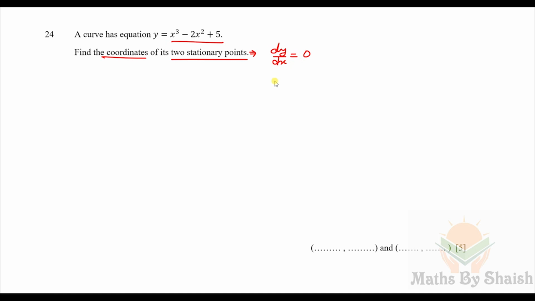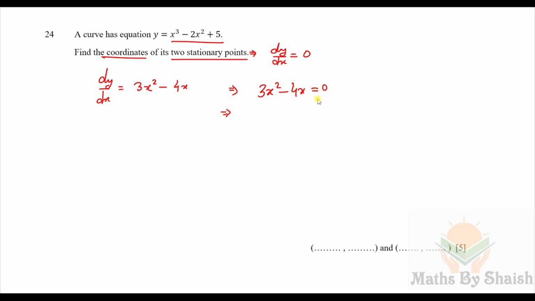So first of all, dy over dx is going to be 3x square minus 4x plus 0, because 5 is a constant and its differentiation is 0. And at a stationary point dy over dx is 0, meaning 3x square minus 4x is 0. We can see there is no constant term, it is a quadratic equation.